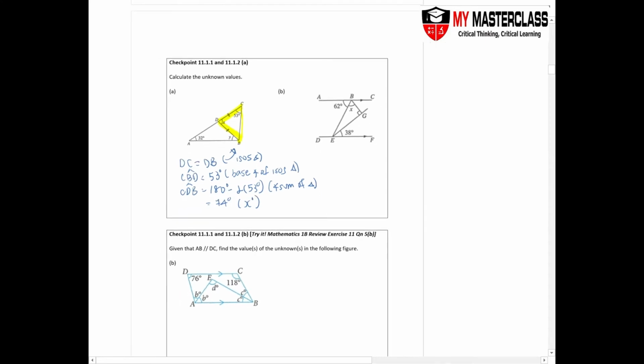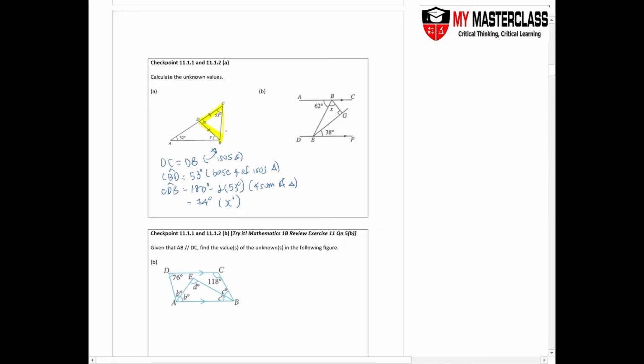x degrees. Then let's take a look at y. Given this particular diagram, you will know that ADB is actually 180 minus 74, again adjacent angles on a straight line, which means that the answer would be 106.